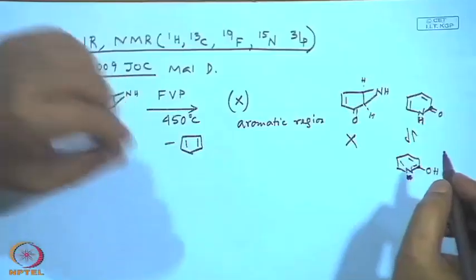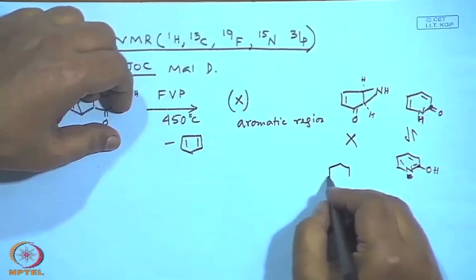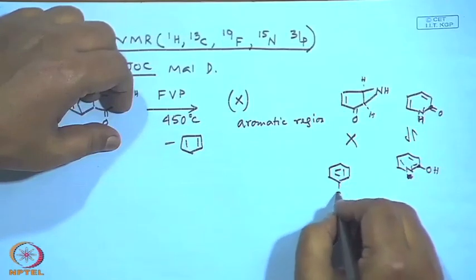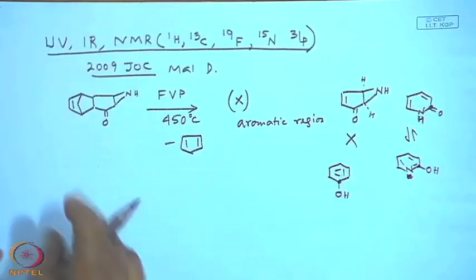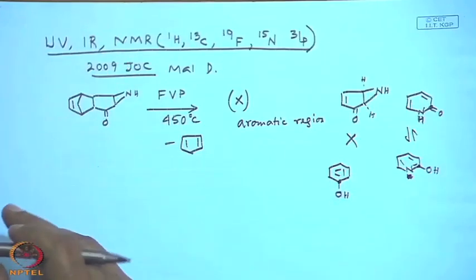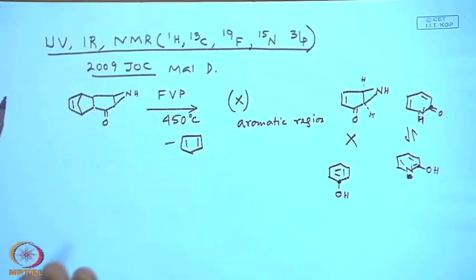If you take phenol, what is the delta value of the carbon having the hydroxy? Any idea? If you are a practicing organic chemist, especially the research scholars, you have to keep it in mind, not exactly, but roughly. For example, what is the base value of benzene in carbon NMR?